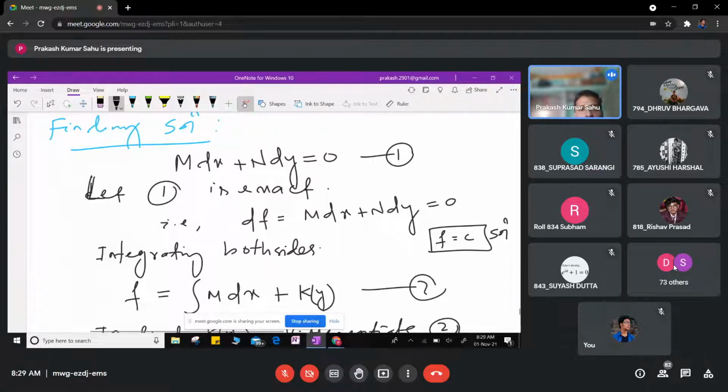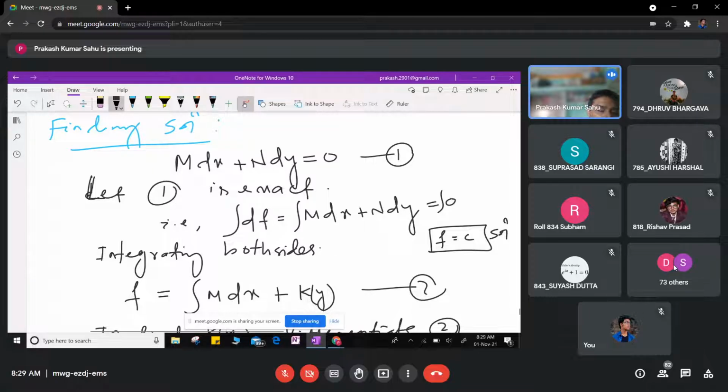If it is exact, then we can write M dx plus N dy is equal to df. Now if you integrate both sides, you get f is equal to c, which is the solution.